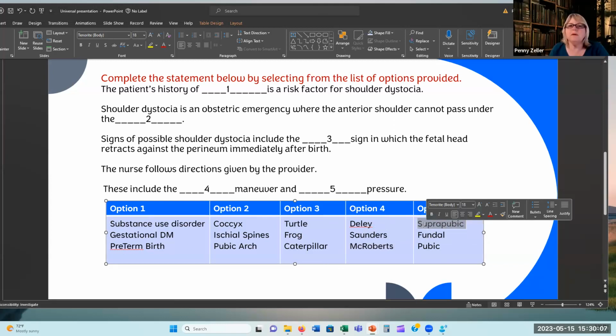Suprapubic, right above the pubic bone. Because that will help depress that anterior shoulder that's caught up there. If you press on the pubic bone, you're not doing anything. If you're able to press on that pubic bone and do something, you're going to break it. You have to do right above it, kind of on top of it and at an angle, pushing down. And that helps that shoulder to move out underneath that pubic arch. That gives you one scenario.